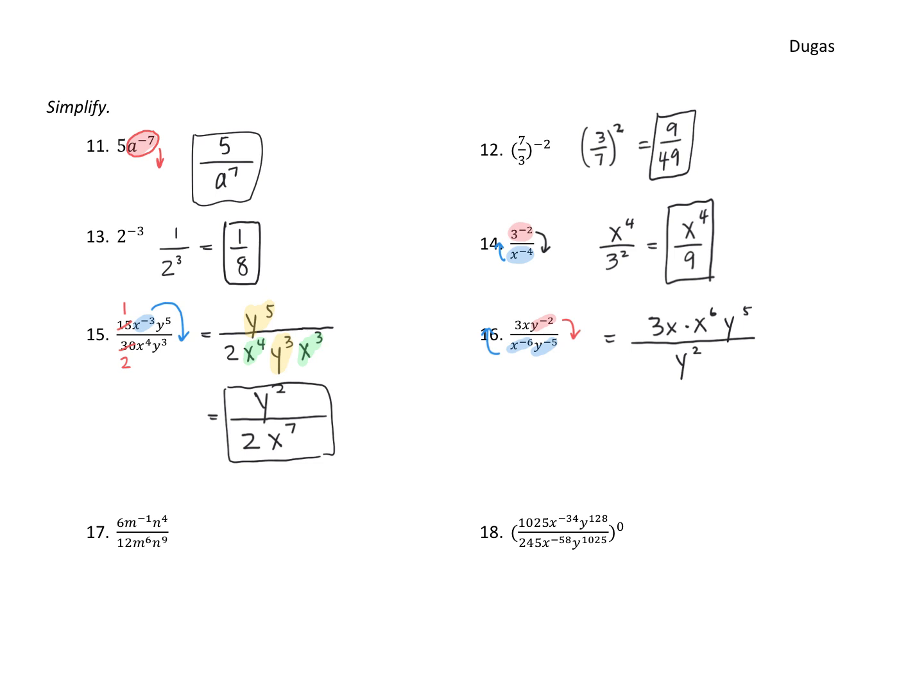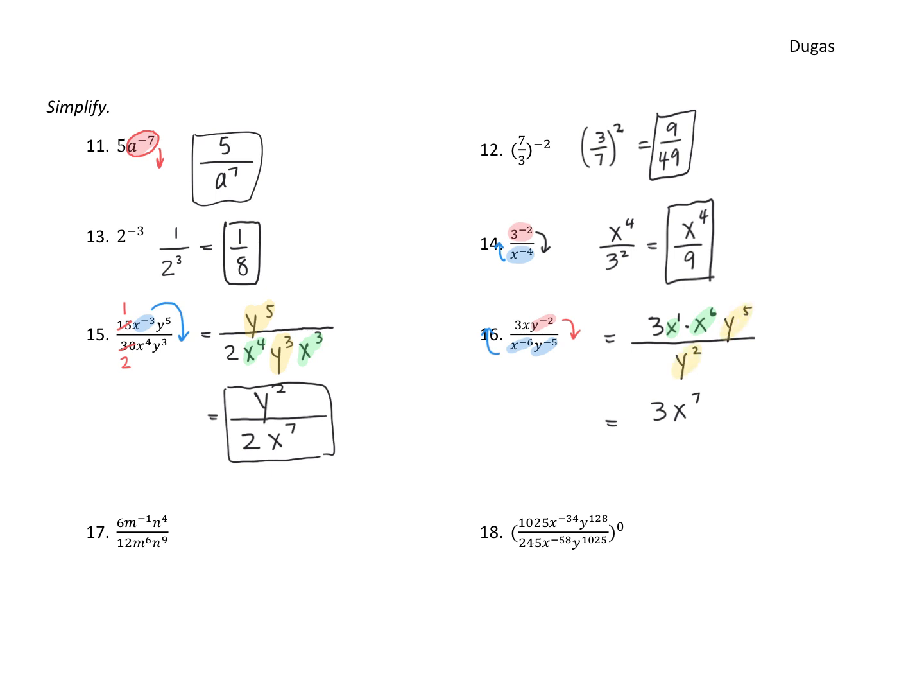So now I need to combine any like bases. So on the top, I have my x's. They're both on the top, so I'm going to be adding those exponents. So that's going to give me 3x to the 7th. Remember that this is an understood 1. Let's look. The y's, I've got some on the top and some on the bottom.